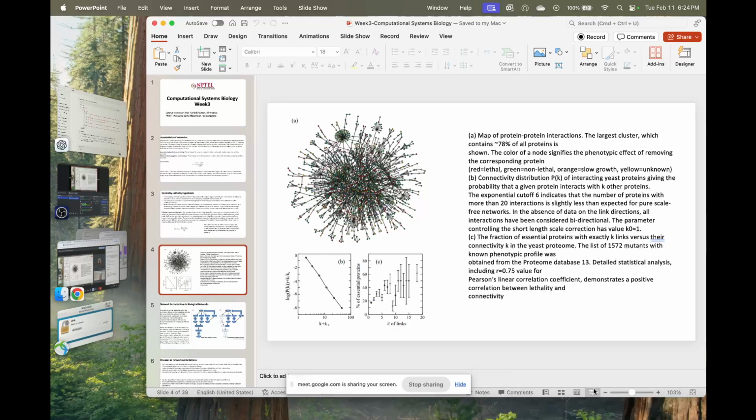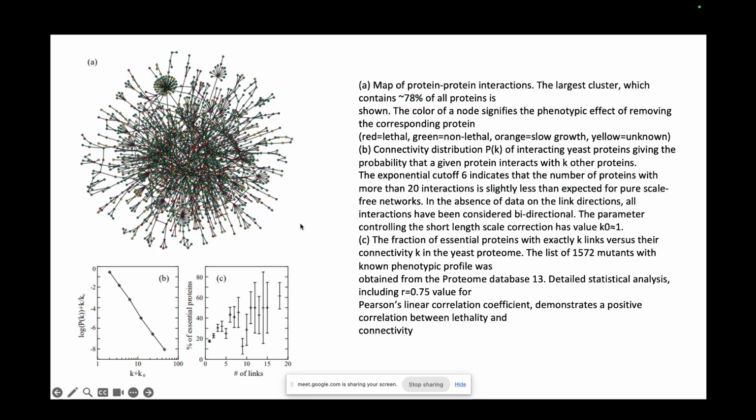Basically, I'll go through it once quickly again. This is a protein-protein interaction network of yeast. The plot on the right below shows the number of links, which is basically the degree, on the x-axis, and the percentage of essential proteins on the y-axis. What it shows is that the higher the number of links, the more essential proteins there are.